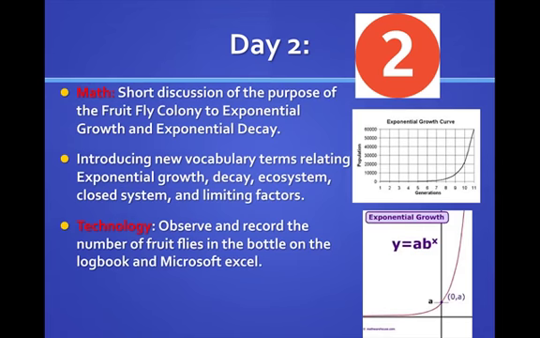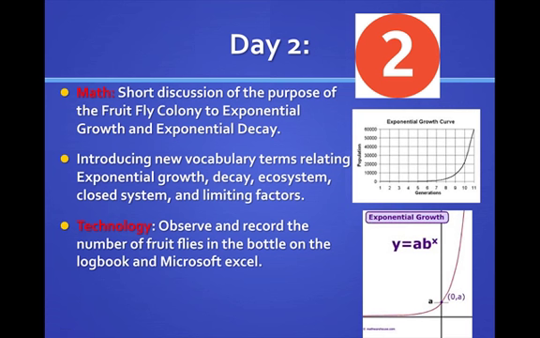Day 2. Students will have a short discussion of the purpose of the fruit fly colonies relating to exponential growth and exponential decay. I'm going to introduce the exponential growth curve for human populations. I'll introduce new vocabulary terms relating to exponential growth, decay, ecosystem, closed system, and limiting factors.